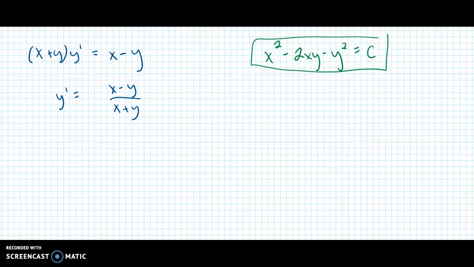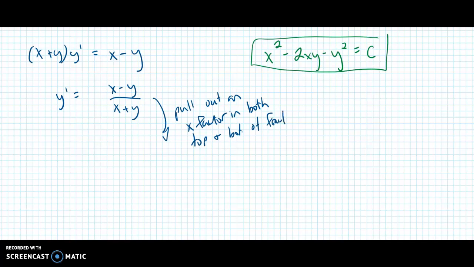The most obvious way to me is to pull out an x factor in both top and bottom of the fraction. What I mean by that is we get y prime equals, pull out an x, and then fill in what I need.